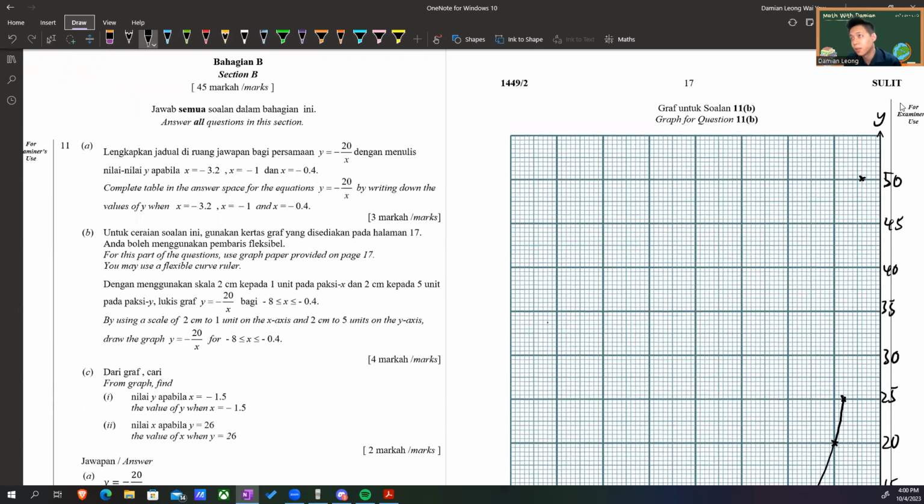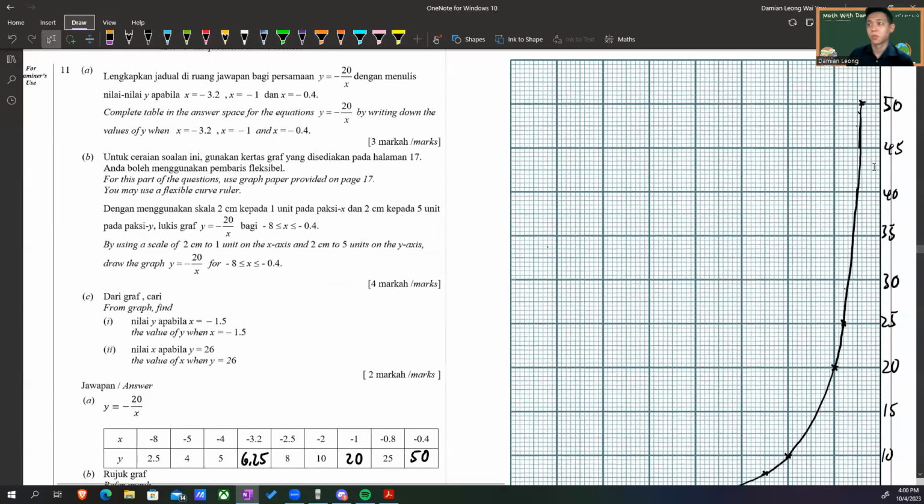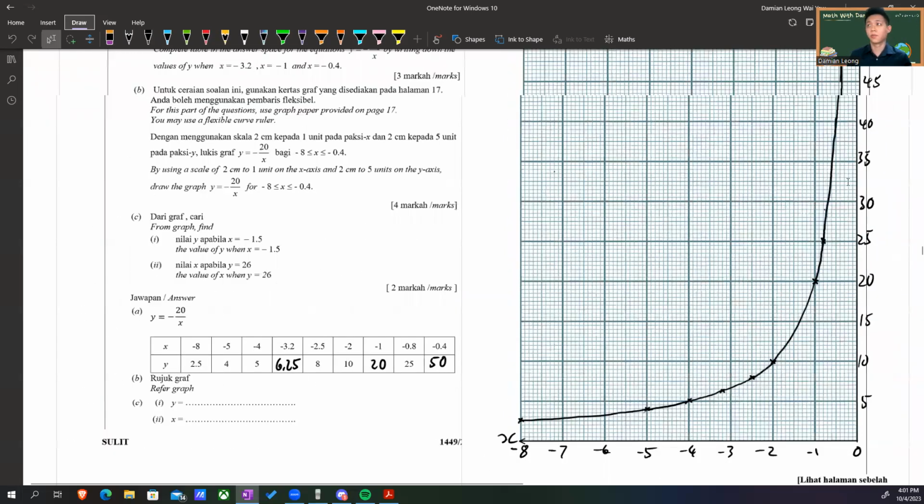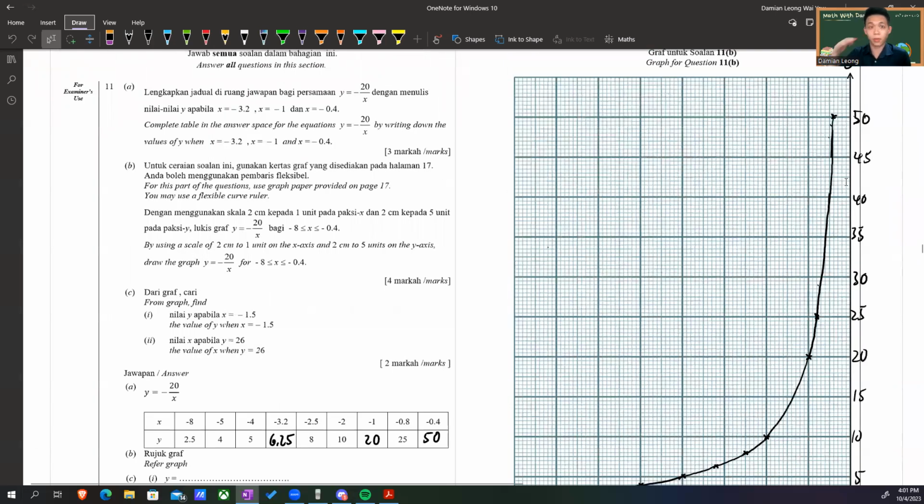You should be able to do better than I do, because you can rotate your paper. Something like this. That is basically the curve that we should get.